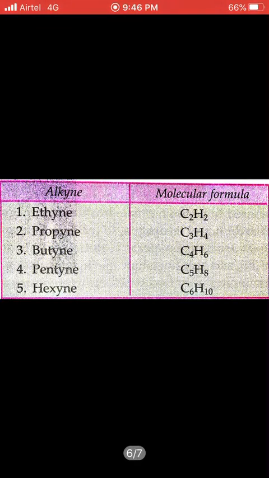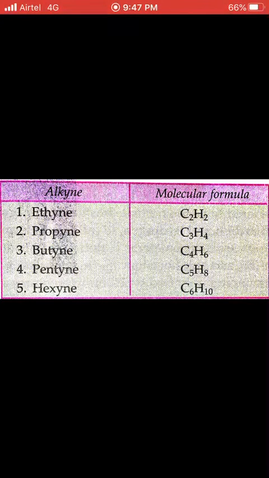The general formula for the alkyne group is CnH2n-2. Whatever the number of carbon is, you multiply it by 2 and subtract 2, then you will get the number of hydrogen.